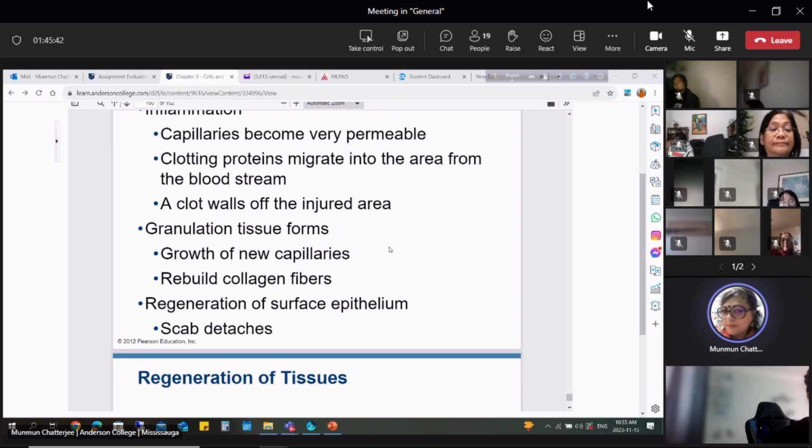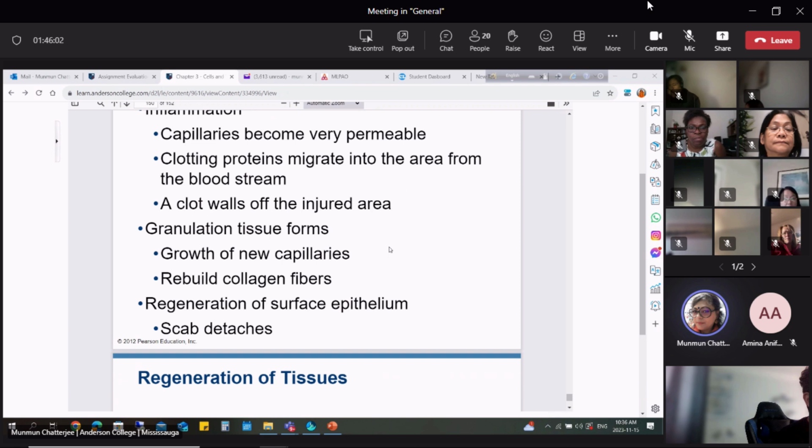Blackish means clot formation is taking place, and at the same time slowly the new growth begins. After the clot makes walls around the inflammation, the new capillaries form new growth and start rebuilding the collagen fibers. After that, the surface epithelium starts to grow, the new one, and the dead one comes off as scar tissue. You can see the dry, red-black things. If there is a cut or a burn, the scab detaches.